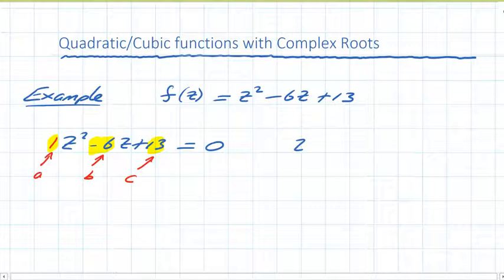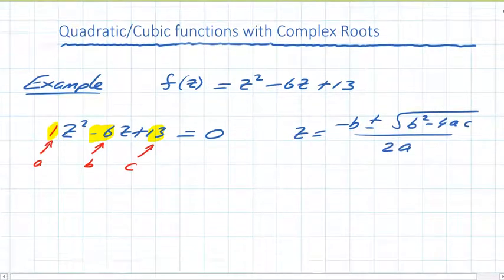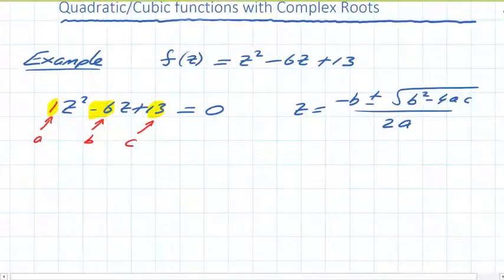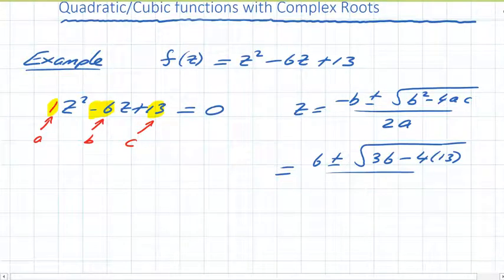So z is equal to minus b plus or minus the square root of b squared minus 4ac all over 2a. That gives us minus 6, which is plus 6, plus or minus the square root of minus 6 squared, which is plus 36, minus 4ac, which is 4 by 1 by 13, all over 2a, which is just 2.